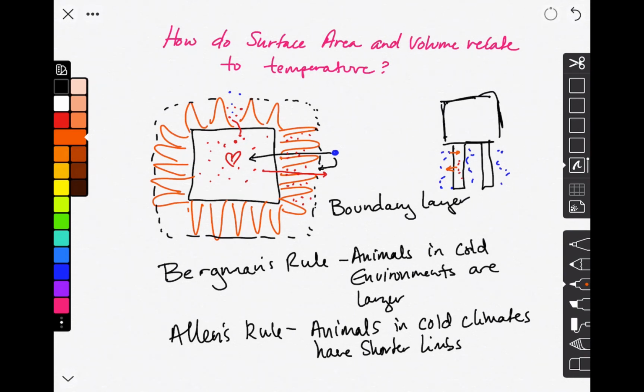And that's directly related to the amount of surface area relative to the volume that is present. So if this animal had long legs, it would be more prone to heat loss. As a result, they have much shorter legs, and they will lose some heat through those legs. But they won't lose nearly as much as if they had really long limbs.